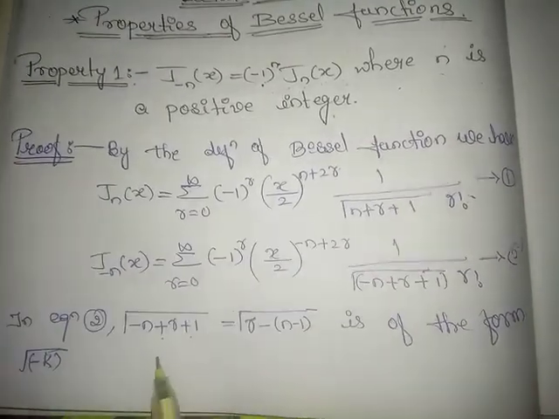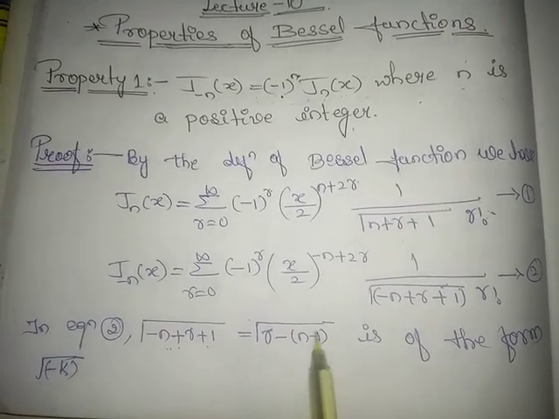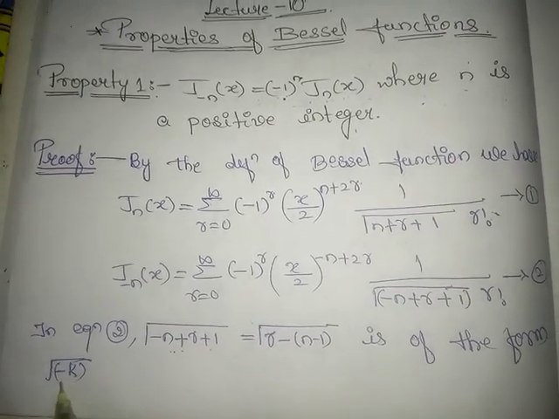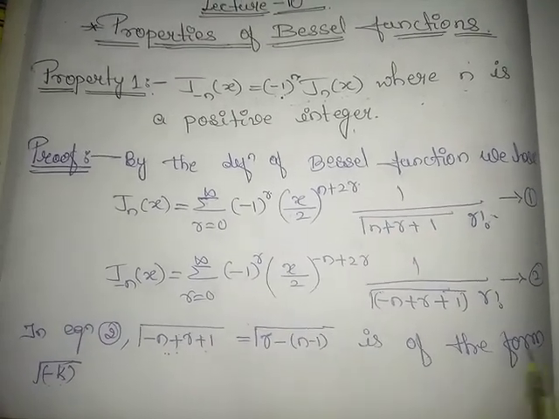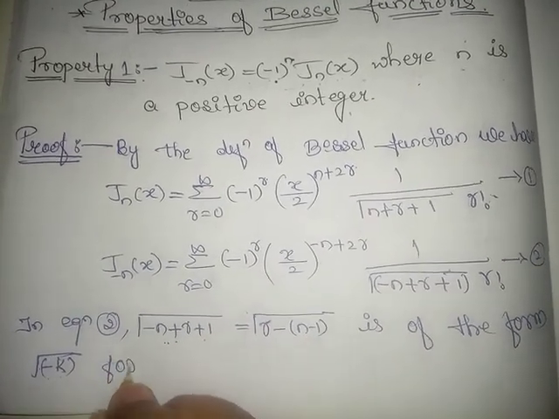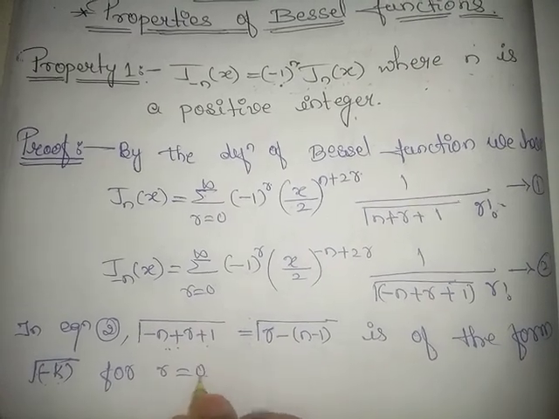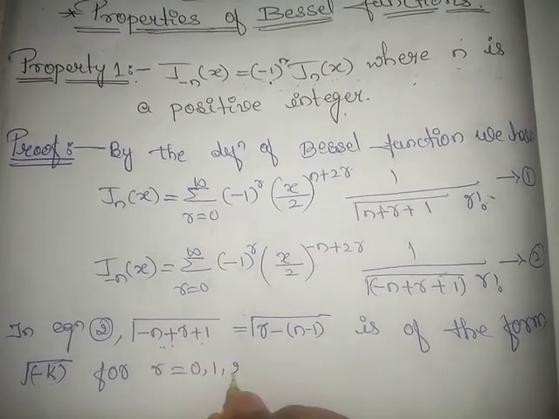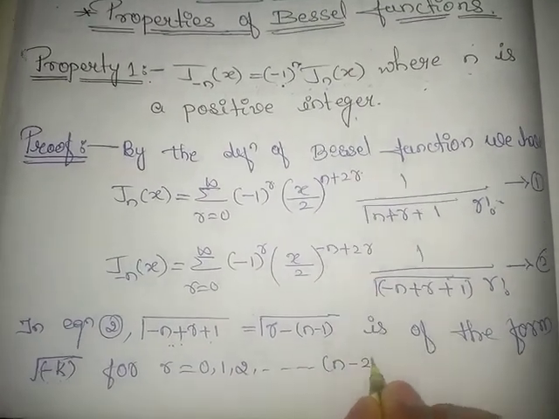We consider this expression as minus k, so that it is a gamma of minus k, for r equal to 0, 1, 2, and so on to n minus 2.